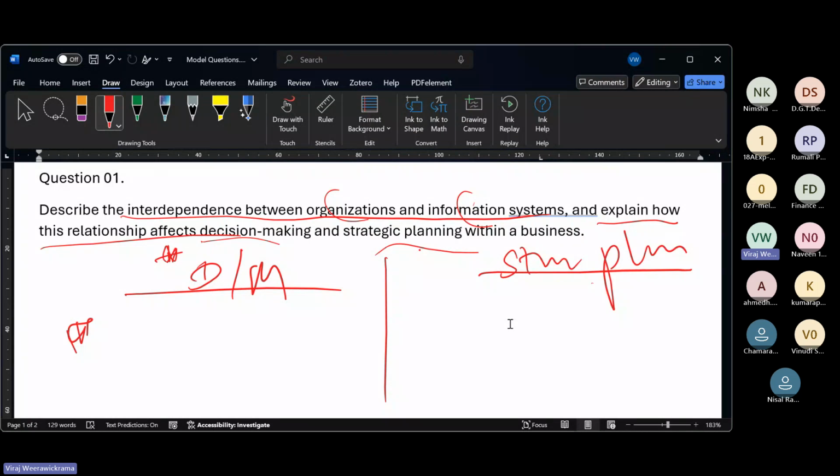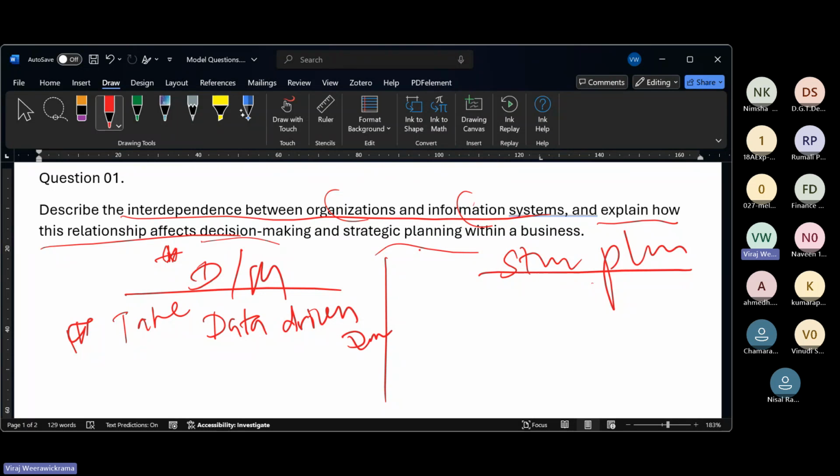When you are taking decisions, you can take accurate information as the inputs, right? We call it data driven decisions. You can take data driven decisions, right?